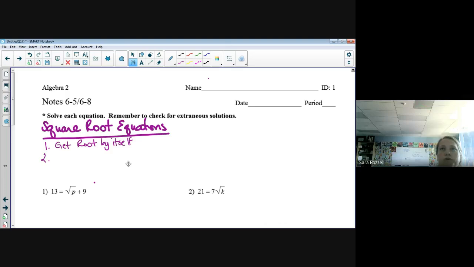And if it's a square root, you're going to square both sides. And then we will solve. If it's a cube, you'd cube it.